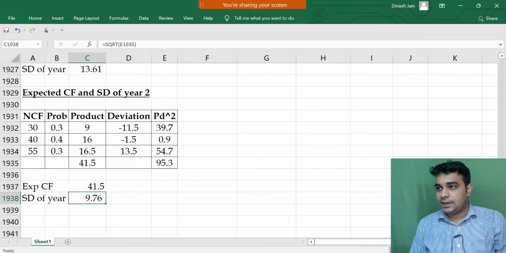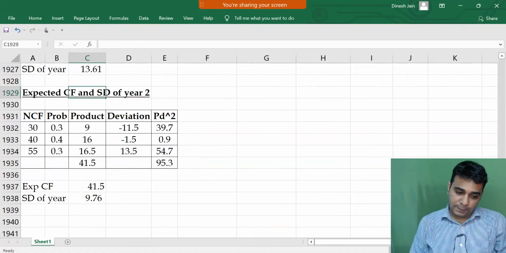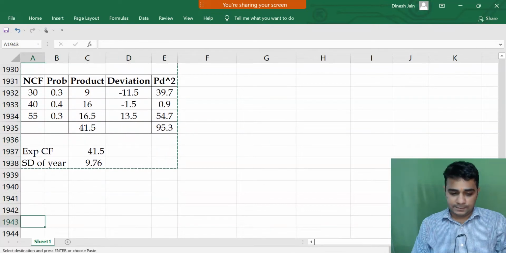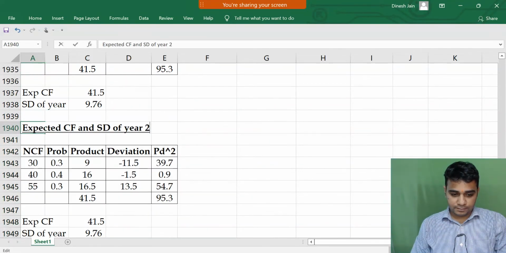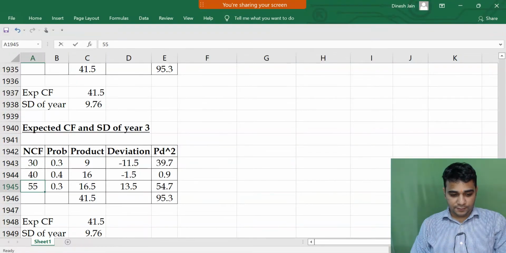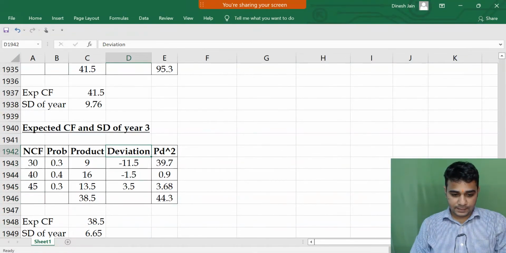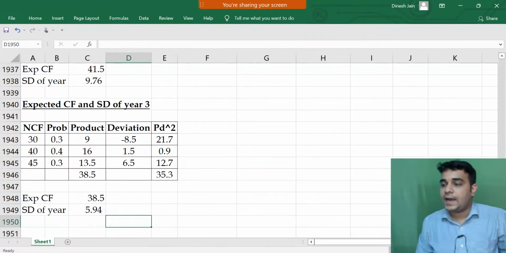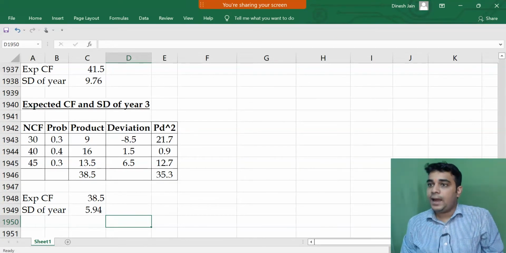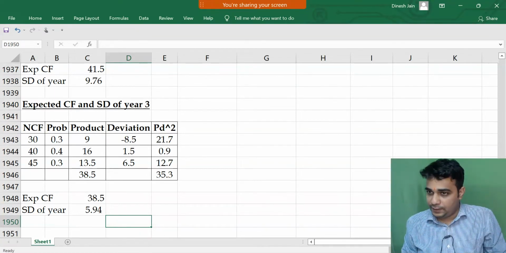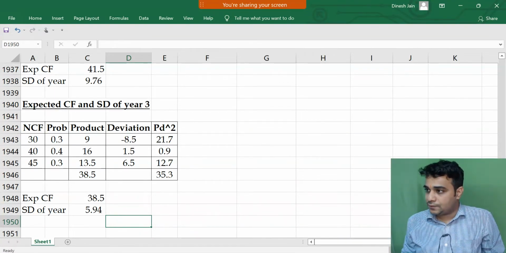You will have to repeat this for the third year, 30, 40 and 45. Once you get these numbers, you will have calculated expected cash flow for every year and standard deviation for every year.